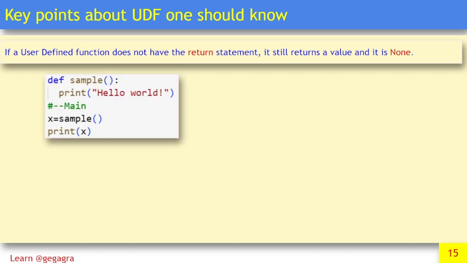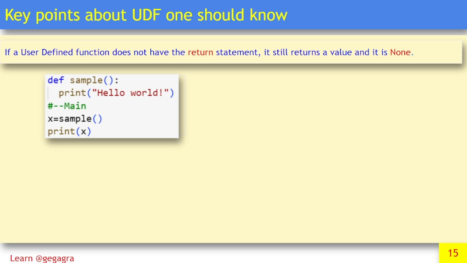suppose I have created a function def sample. Here I have printed one statement, print hello world, but there is no return statement. And if you see here, I assigned this sample UDF to variable x. So when I print the value of x, it will print None.